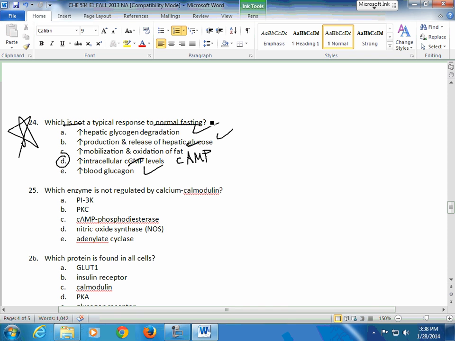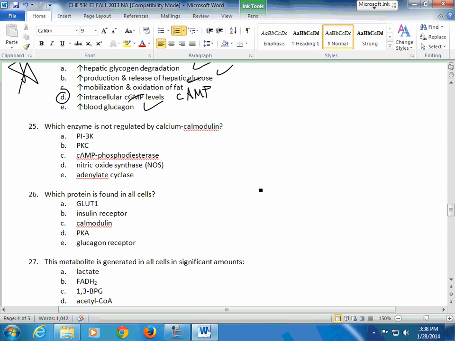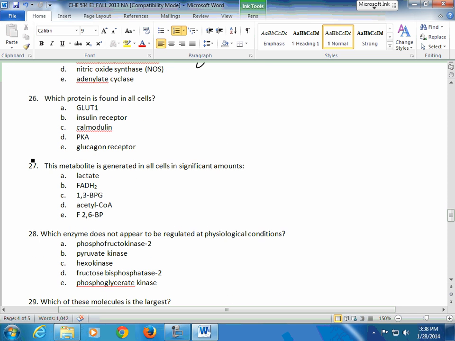Just make sure you're familiar with the systemic effects of glucagon, epinephrine, and insulin. Number 25 is another hard one. Straight memorization off of Unit 2, Slide 60. PKC is the one not listed there. Got no tricks for that one.